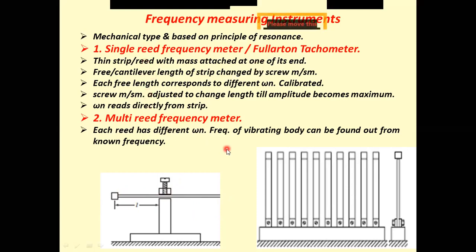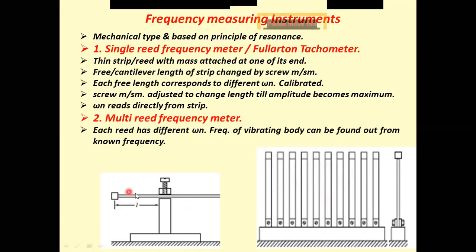Now the second instrument is the multi-reed frequency meter, which is also called the Frahm tachometer. This multi-reed frequency meter is shown in this figure. It consists of a number of strips.